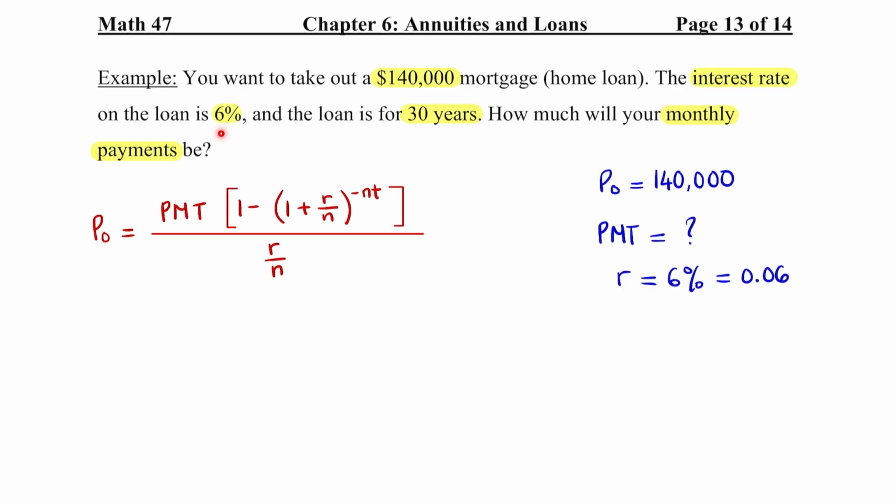So N is 12. T is the number of years I plan to borrow the money, which is 30. I'll substitute P of 0 with 140,000, R with 0.06, N with 12, and T with 30.